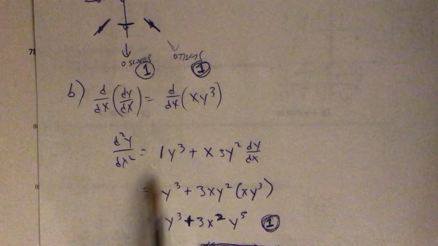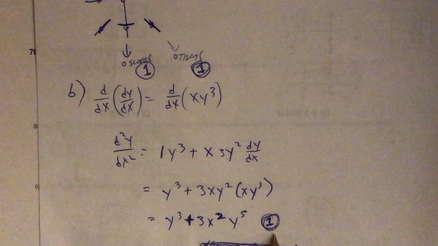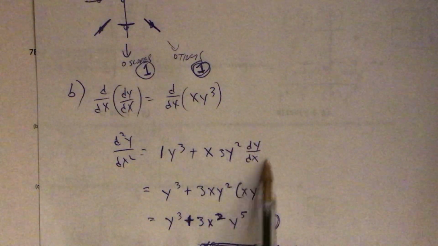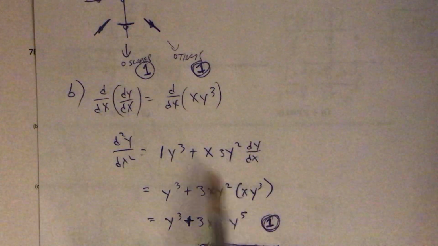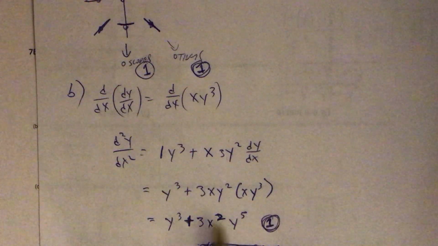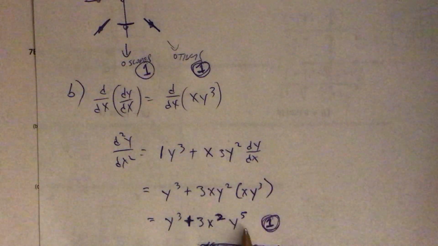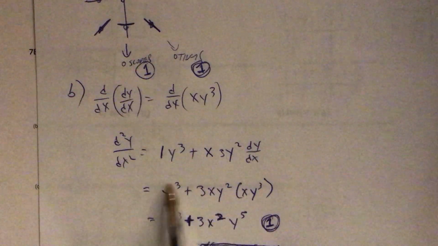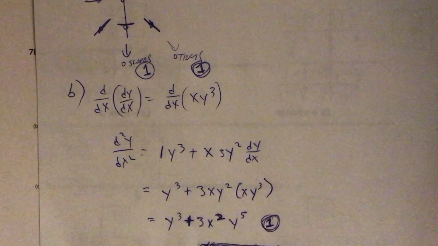Now in this problem, getting this far gets you a point. If you forget this dy dx or don't use the product rule, you can't get any points for this problem. So using the product rule and doing the replacement, at the very least this line here gets you the credit.